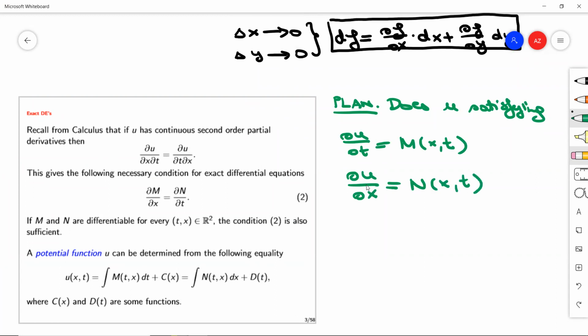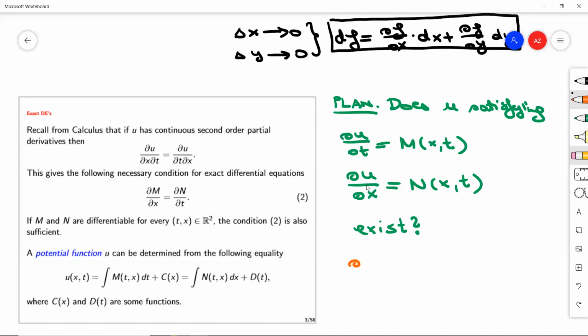So does such u exist? What you know from calculus is that if the function is twice differentiable and all second derivatives are continuous, then it doesn't matter in what order we take those derivatives.